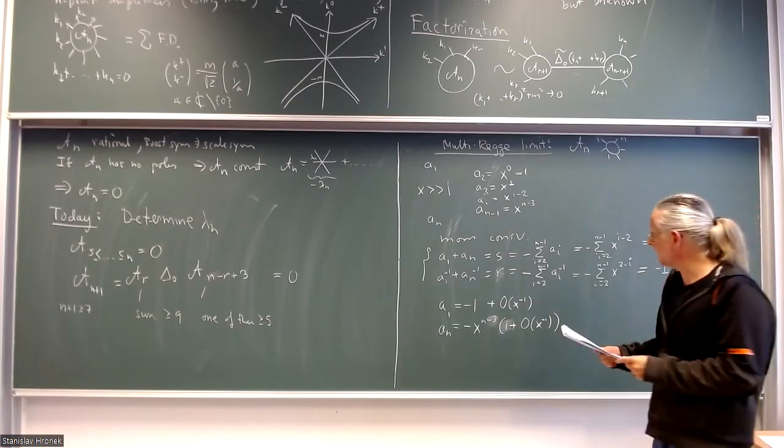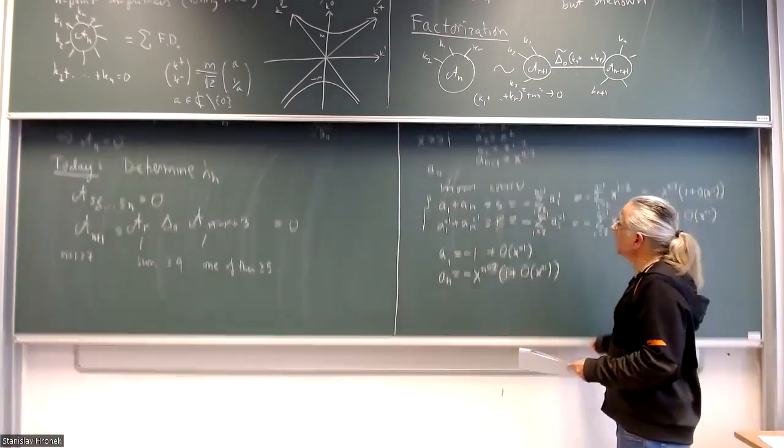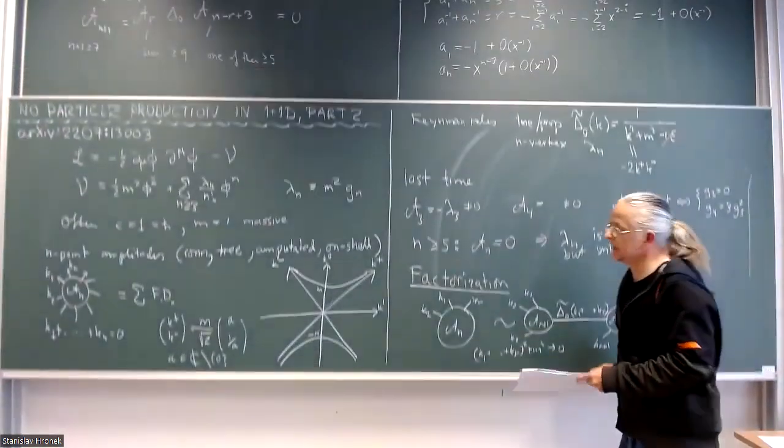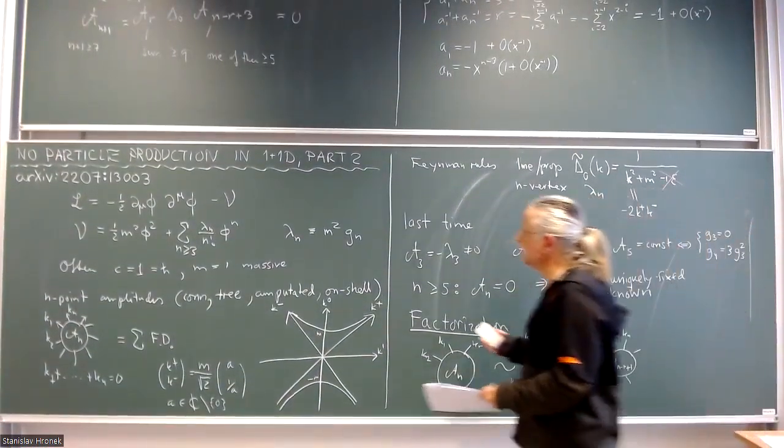Right. So that's the multi-regge limit, and now we would like to calculate the internal propagators in the multi-regge limit.